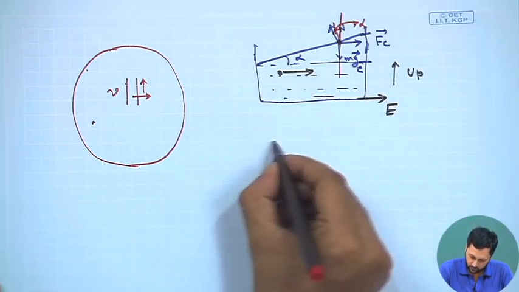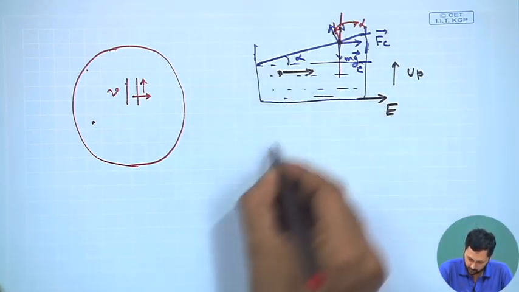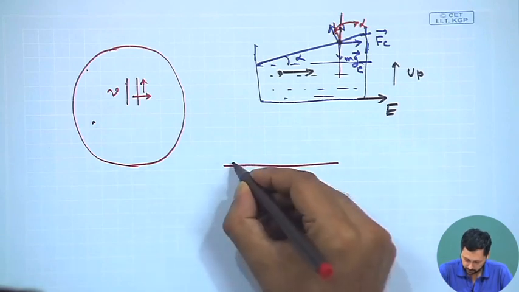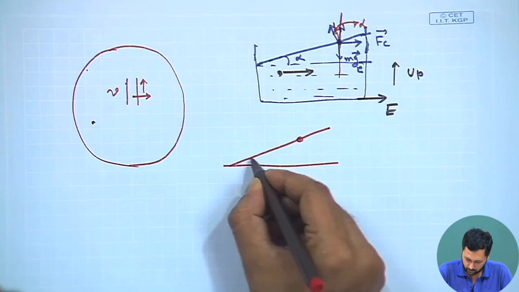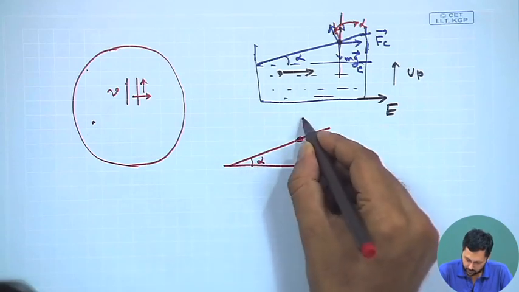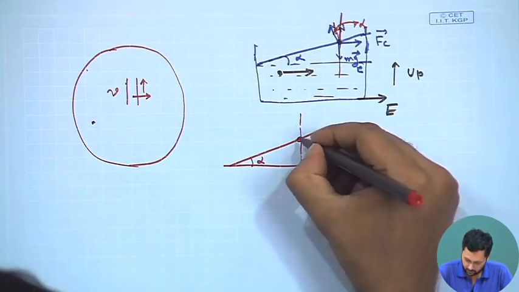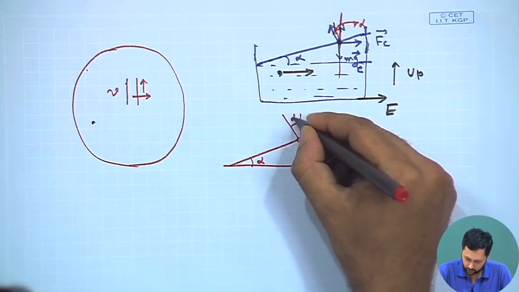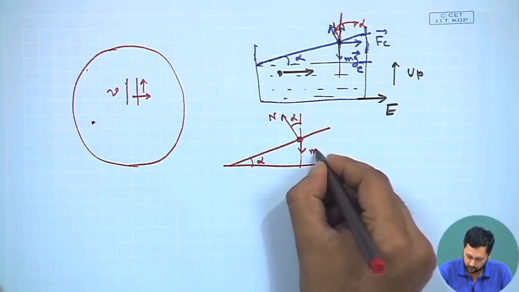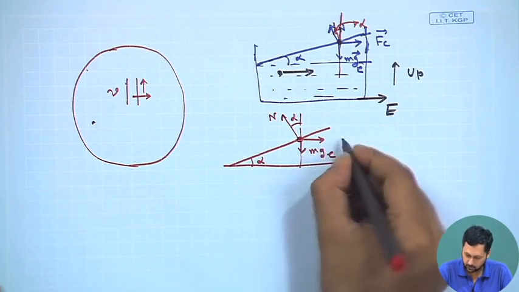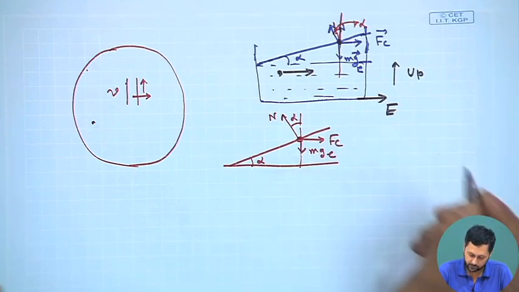So, this is n, this is mg_e, and this is Fc.